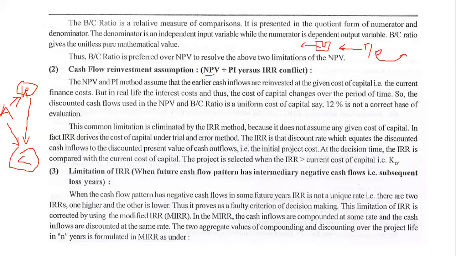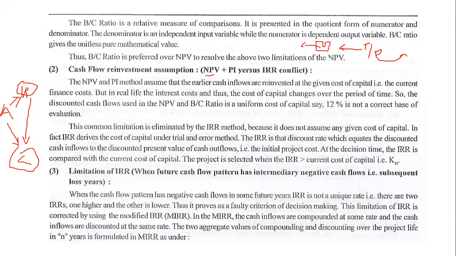Then the third topic is the limitation of IRR. When the future cash flow pattern has intermediate negative cash flow, subsequent loss in an upcoming year, then the cash flow pattern has negative cash flow in some future year, and IRR is not a unique rate.